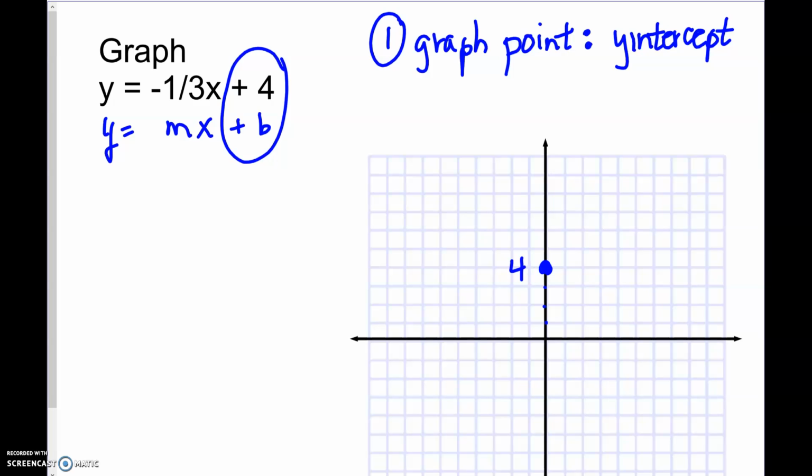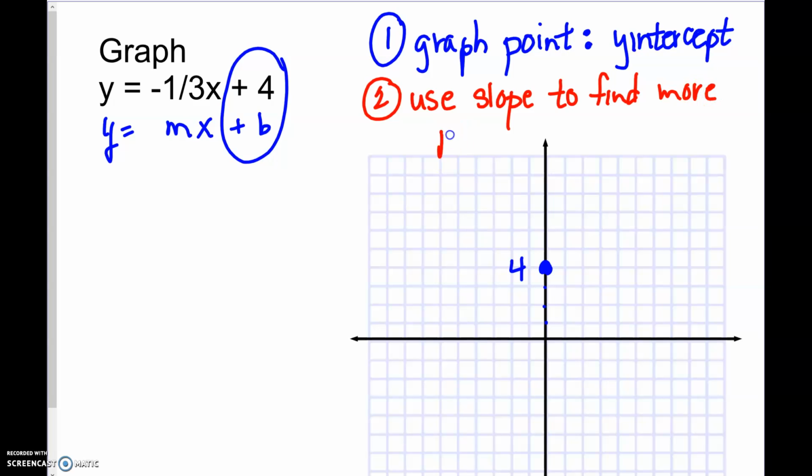The second thing that we're going to do is use slope to find more points. We're going to do that by using that ratio of rise over run.